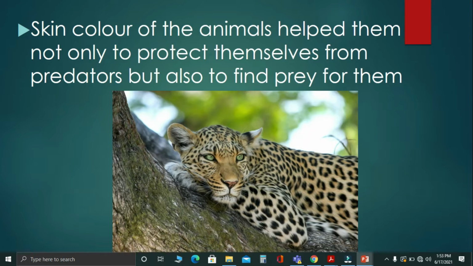So the body color can be used to find food, that is, some prey. So body color is used not only for protection, but it also helps to find food. So this body color is used to fulfill the need for food.